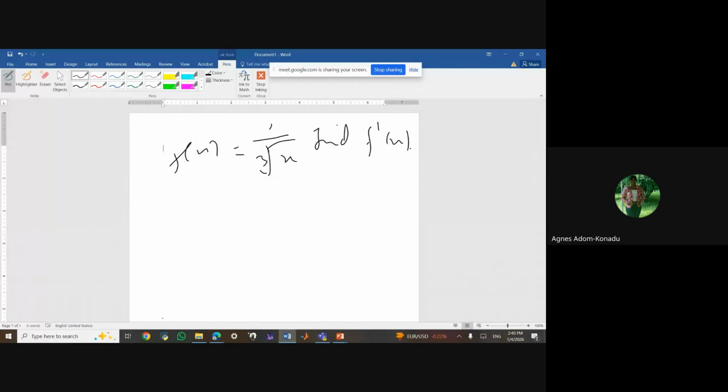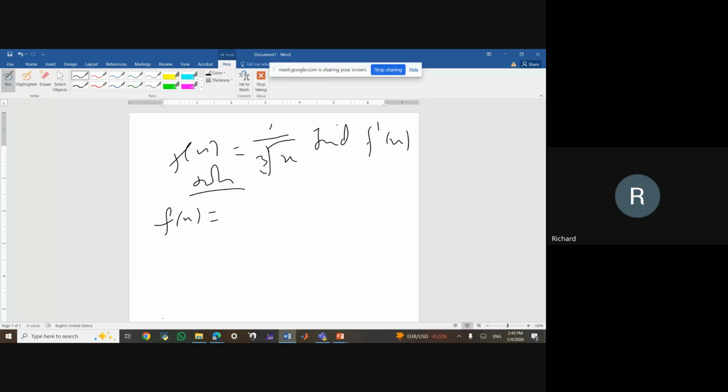Let's start. Okay, the power cube root 3. So I'll write f of x is equal to x to the power 1 over 3. Oh wait, it's 1 over cube root of x.